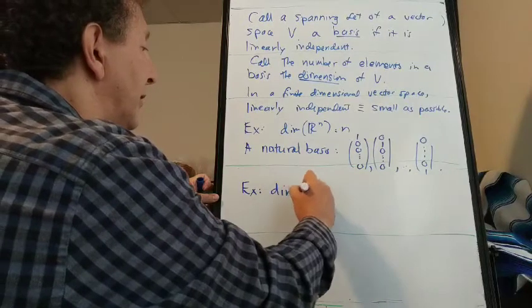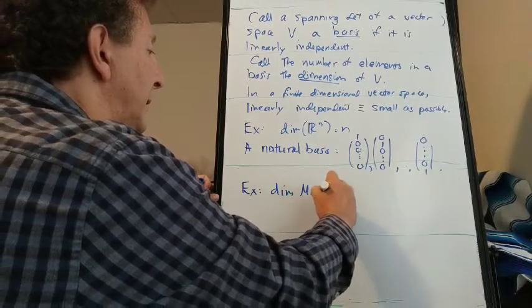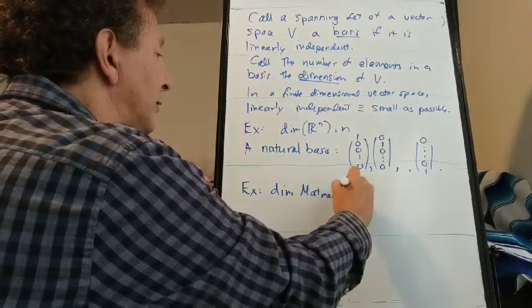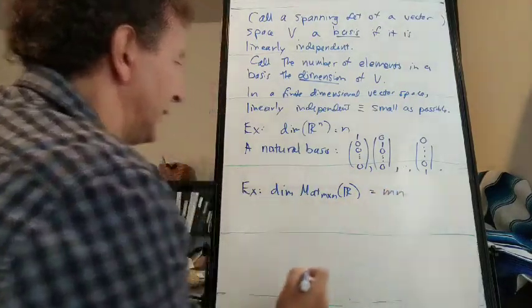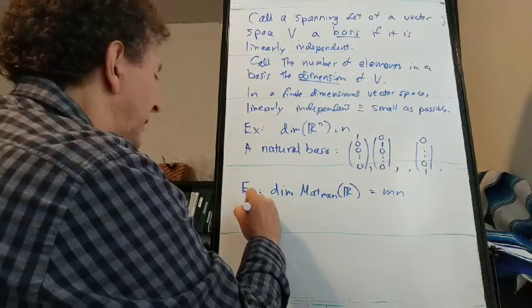The dimension of m by n matrices with real entries is m times n for about the same reason.